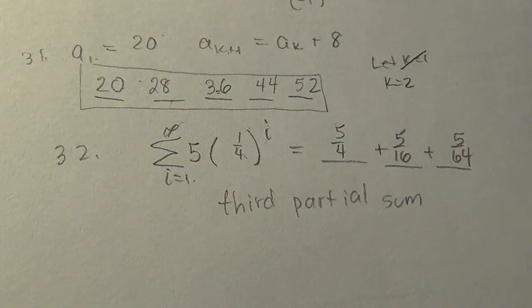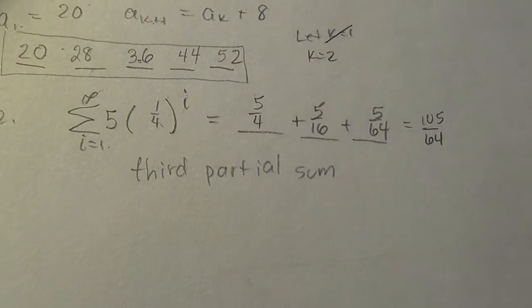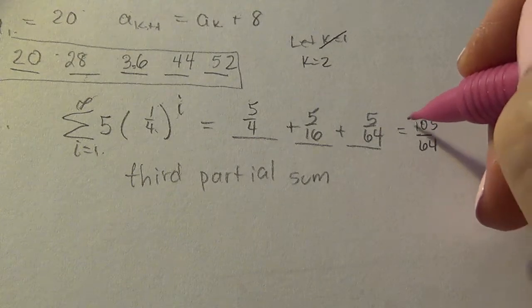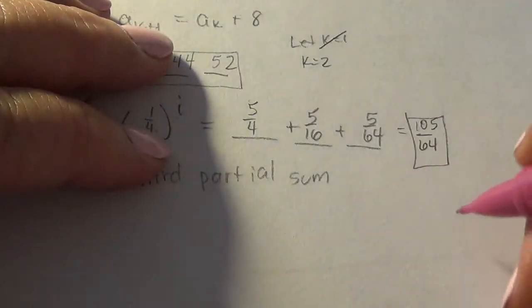So we can change them all to 64ths. Get 105/64. Let's see what was the answer. It is correct. All right, if you gave me that in a decimal, I would take it as well. It's 1.64.